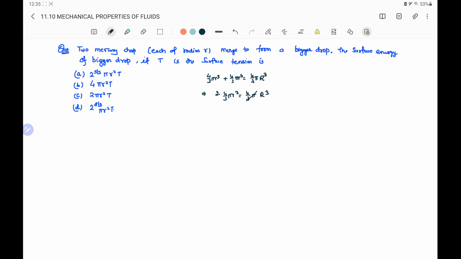This 4 by 3 pi gets cancelled, so we can write R cube equal to 2 small r cube, or R is equal to 2 raised to power 1 by 3 into r. This is our equation number 1.